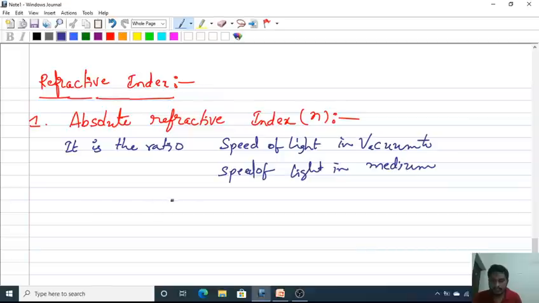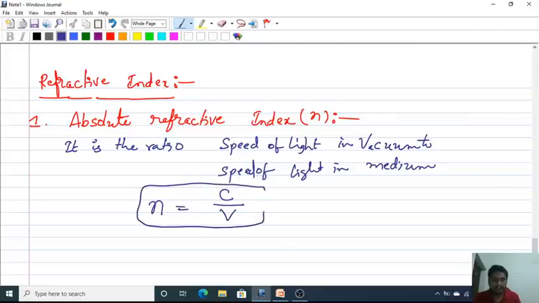Mathematically, n equals c by v, where c is the speed of light in vacuum and v is the speed of light in the medium. This is the general expression for the absolute refractive index of any medium.